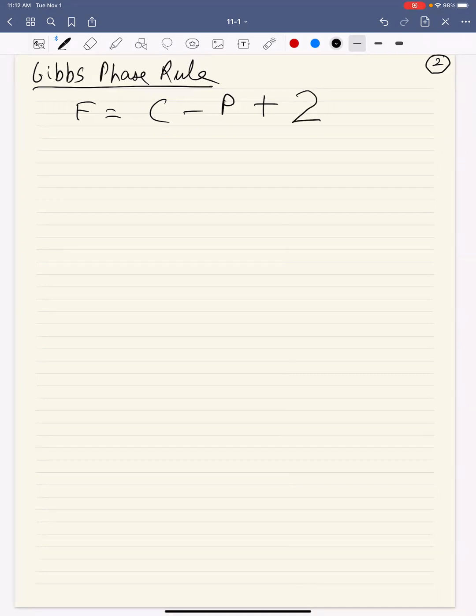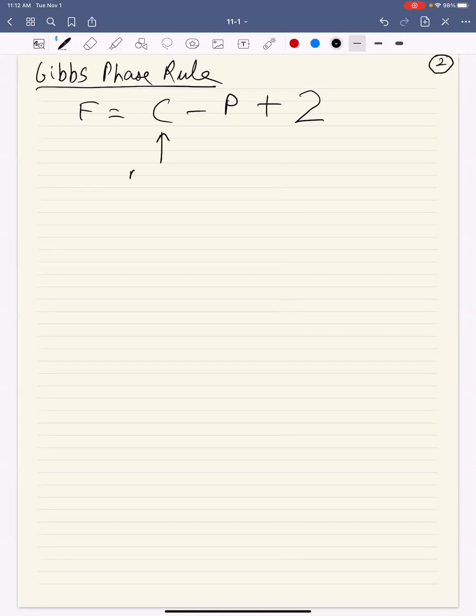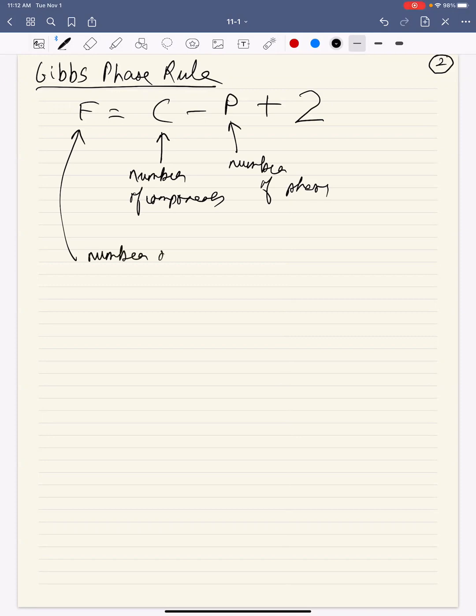C is equal to the number of components. P is equal to the number of phases. 2 is a number, I don't have to tell you what 2 is. And F is the number of degrees of freedom in a system. So let's take a little bit to understand what it is.